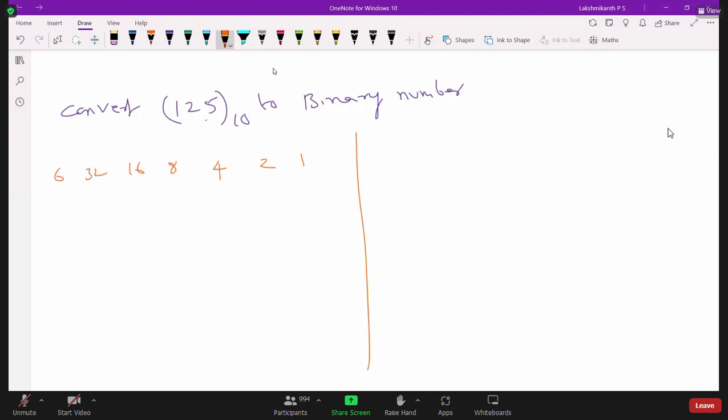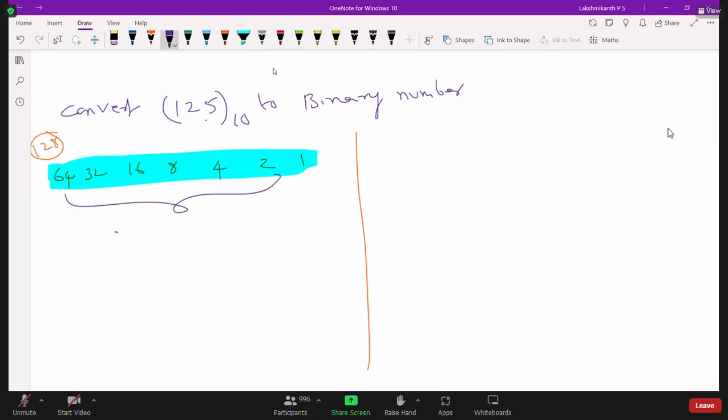The next number 128 is not necessary. But we know that the sum of all these numbers is just 1 less than 128, right? 128 minus 1, 127, you will get.